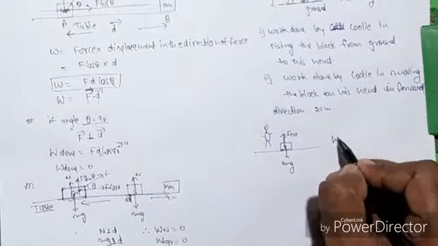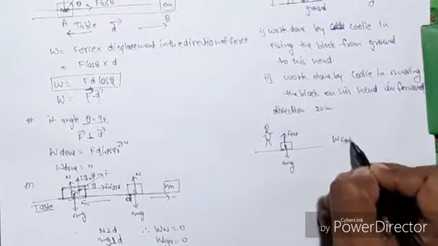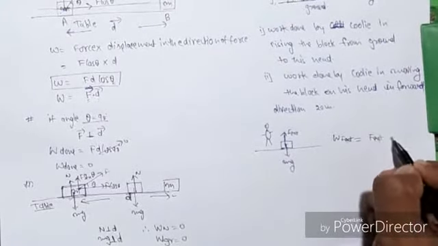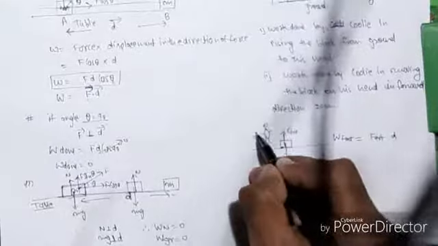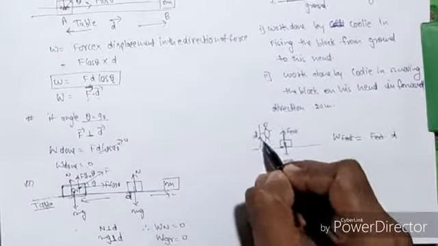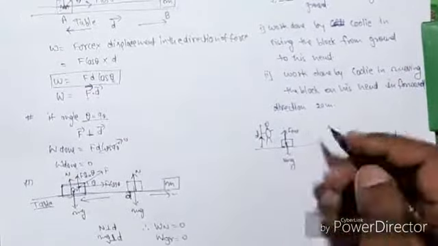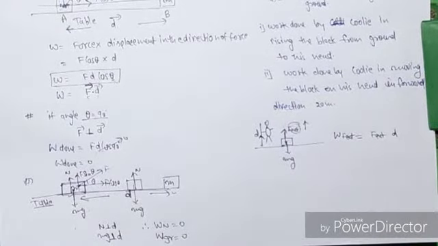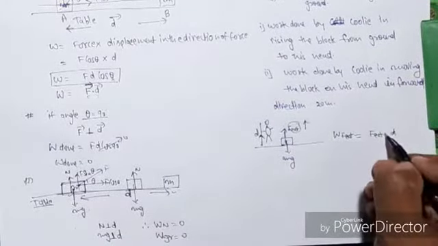So the work done by the external agent, that is the pulley, is equal to F external into displacement D. Displacement D is in the upward direction, and the external force F is also acting in the upward direction. So what is the angle between F and D?